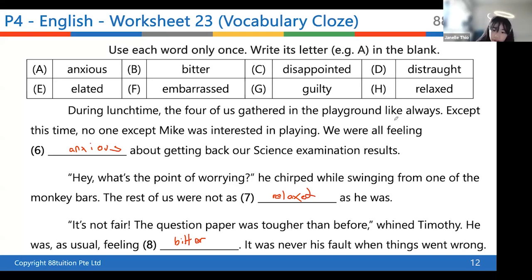He chirped while swinging from one of the monkey bars. The rest of us were not as relaxed as he was. It's not fair. The question paper was tougher than before, whined Timothy. He was, as usual, feeling bitter. It was never his fault when things went wrong.